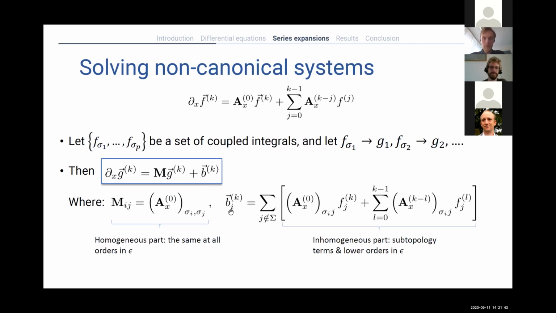If you work that out explicitly, this inhomogeneous term has a rather long expression, which is just saying that everything in the derivative that is not coming from the homogeneous components is put in B, and M is the original matrix, but restricted to the coupled integrals.